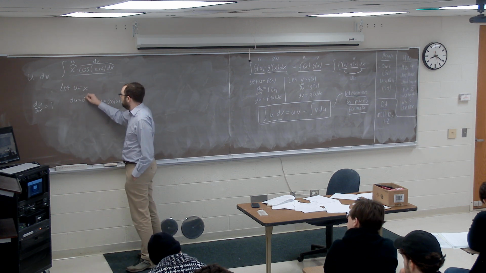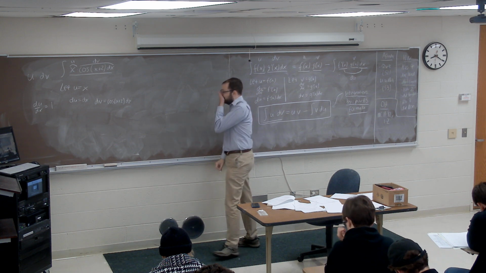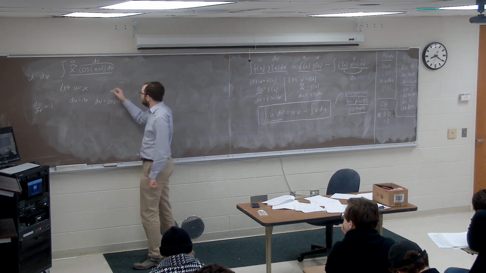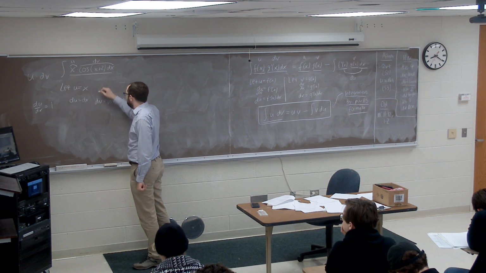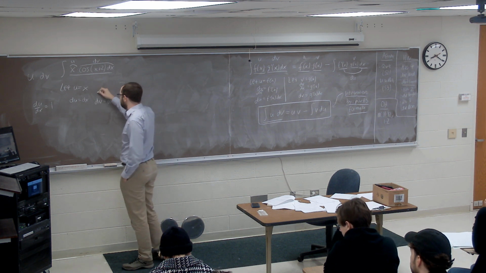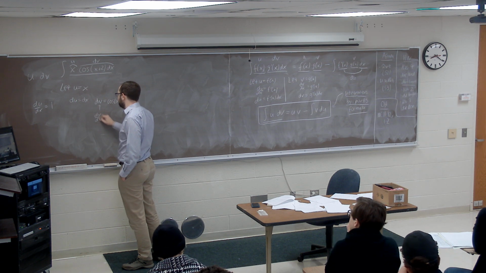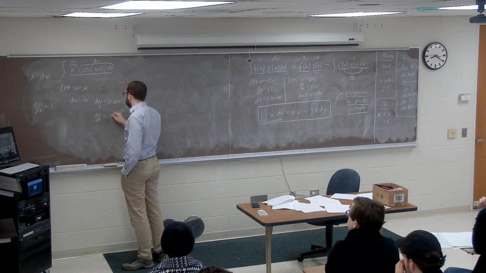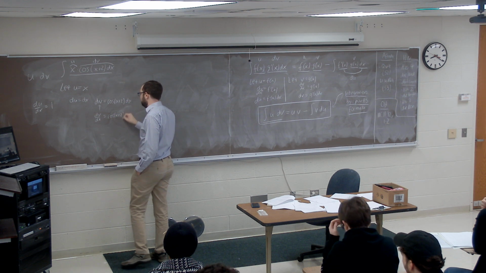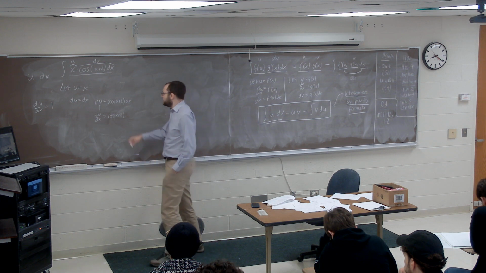So du would be equal to dx. And here's the tricky one. If dv is equal to cosine of x plus 2 dx, well, that would naturally mean that we'd get dv dx is equal to cosine of x plus 2.